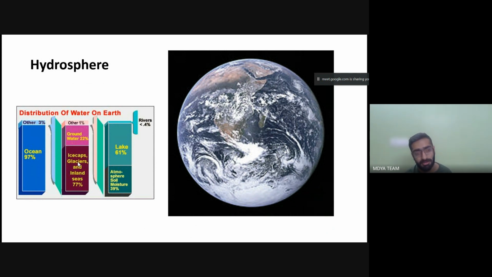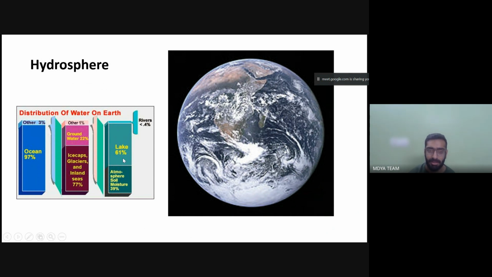22% of that 3% is groundwater. And the remaining 1%, now we will understand how it is distributed. Lakes consist of 61%, atmospheric and soil moisture consist of 39%, and rivers consist of less than 0.4%. So it's not 4%, it's 0.4%.